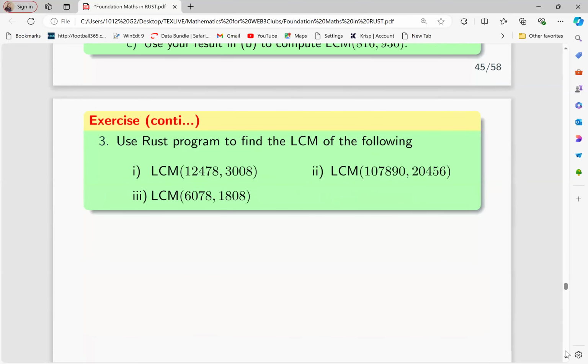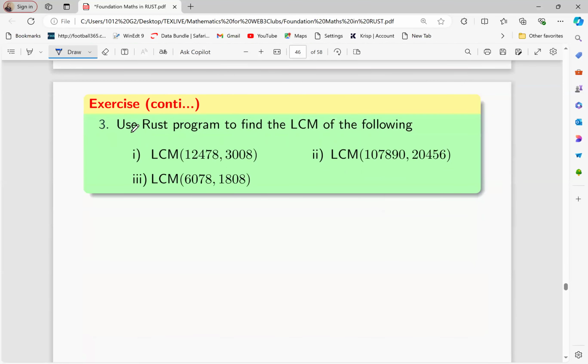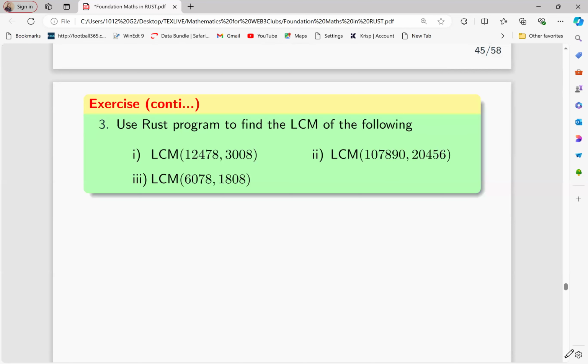The questions continue up to here, so you're using the Rust code. Once you know how to write the one for the Euclidean algorithm, then the one for the LCM becomes very easy.